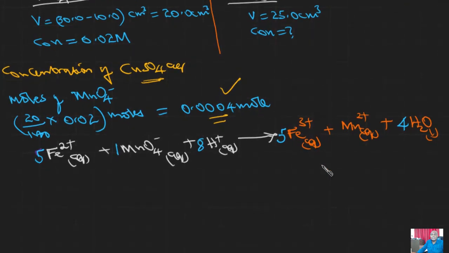The mole ratio between iron 2 and manganate 7 is already shown in the equation. We can see it is 5:1.